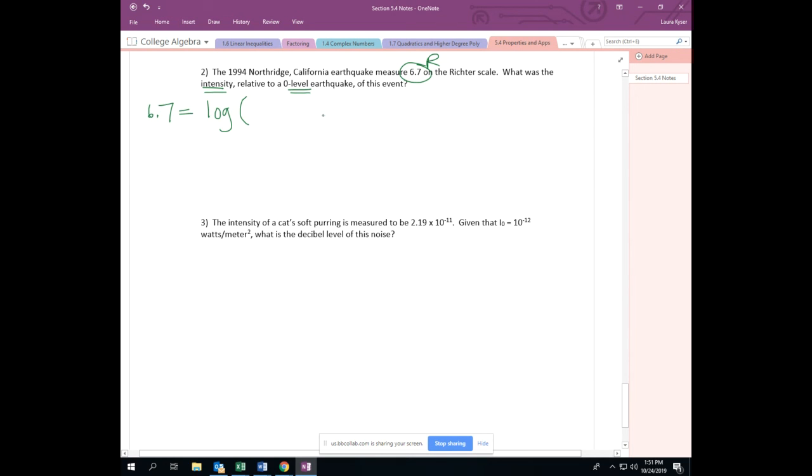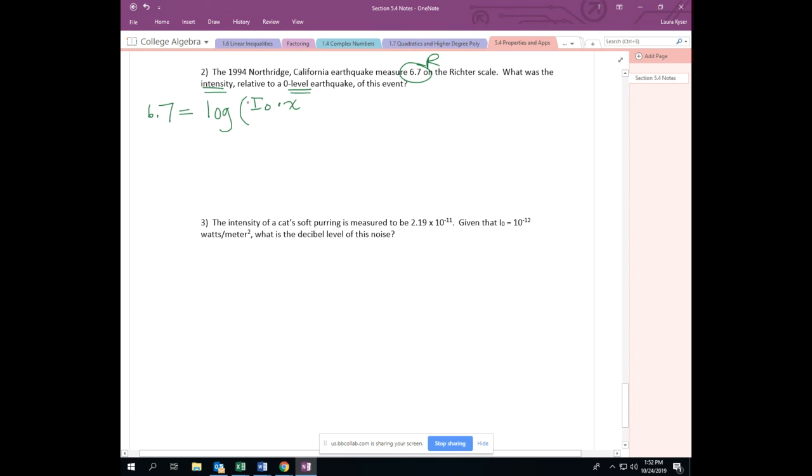On top is supposed to go the intensity. We are measuring the intensity relative to a 0 level earthquake. So what we're going to do is use a 0 level earthquake as the base and then multiply it times x as our variable relating it to a 0 level.